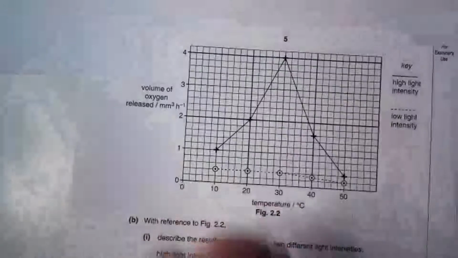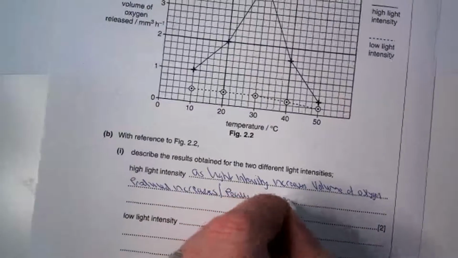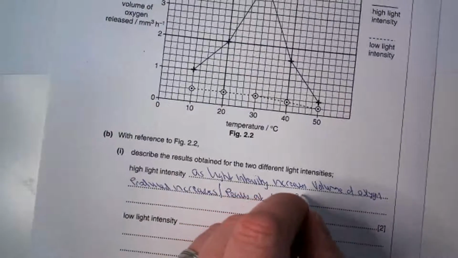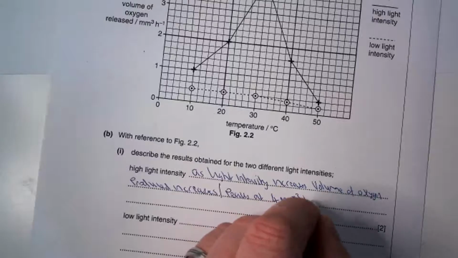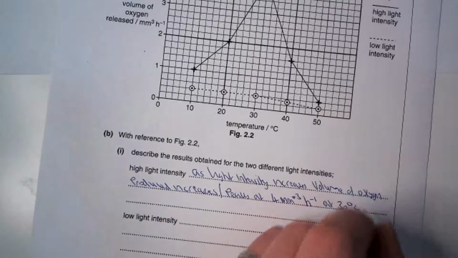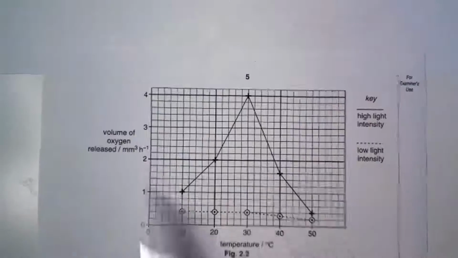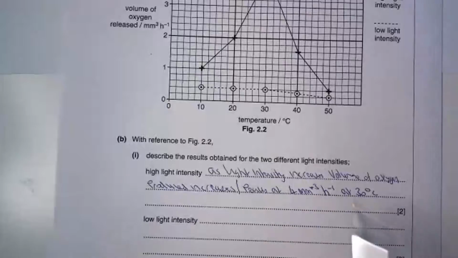And it peaks at 4 and at 30 degrees. So it peaks at 4 millimeters cubed per hour at 30 degrees C. Whenever you're given a graph or a table with data in it, always quote some numbers. So we've quoted some numbers.